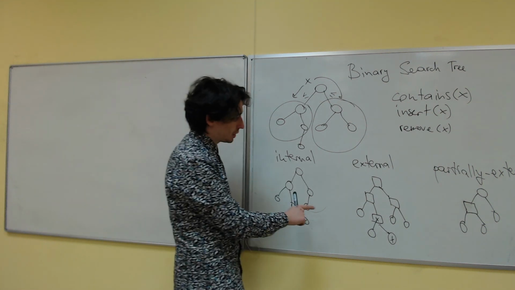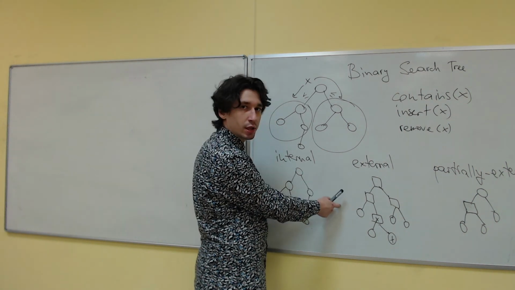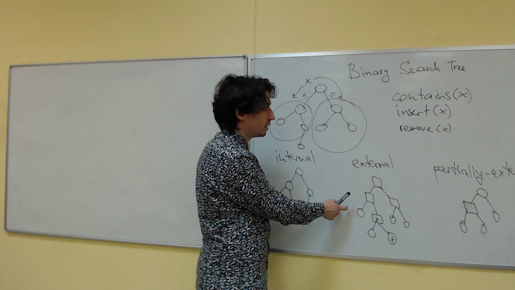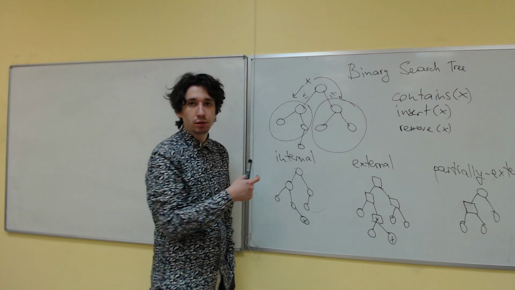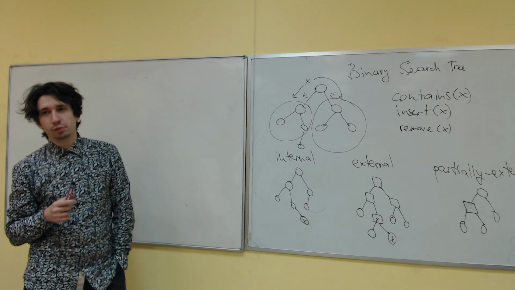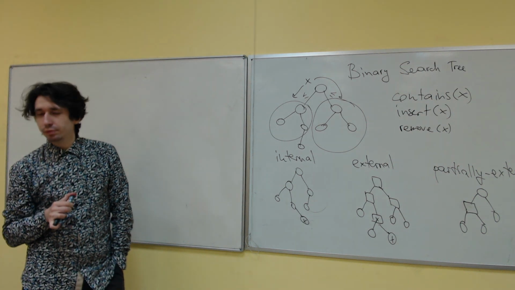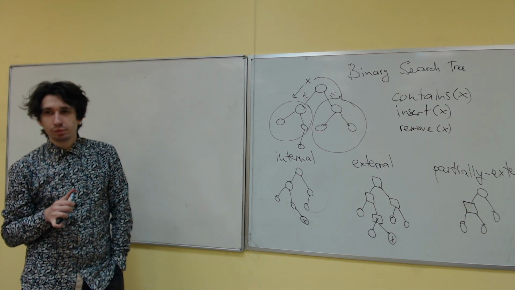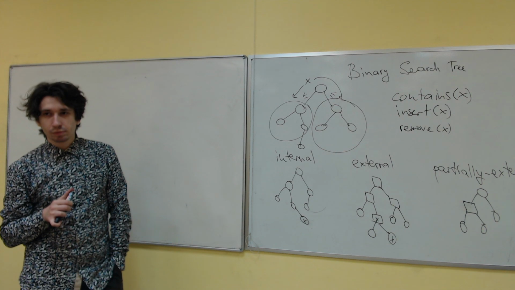Then the question is, let's start from the external because it is much simpler, how to remove an element. Here we will just remove an element and replace the rule with a circular vertex.